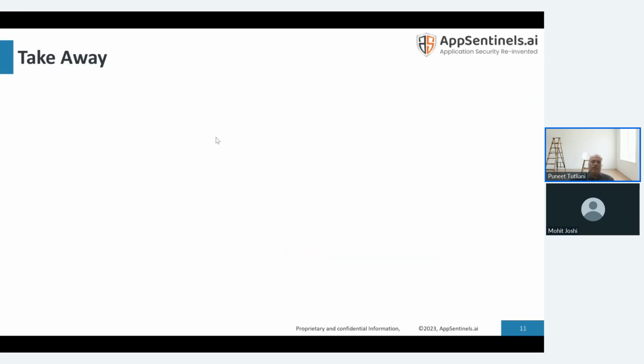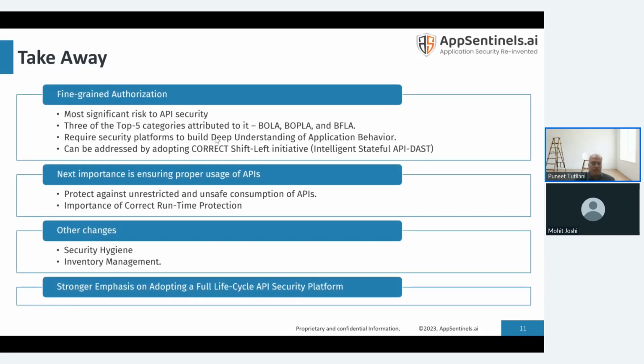So now coming to the takeaways. As we know, the new OWASP API Top 10 2023 is already gaining a lot of traction. The key takeaway we can share with you is that fine-grained authorization is one of the biggest problems with API security and application security.